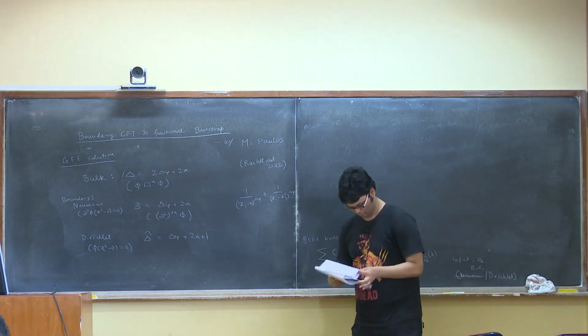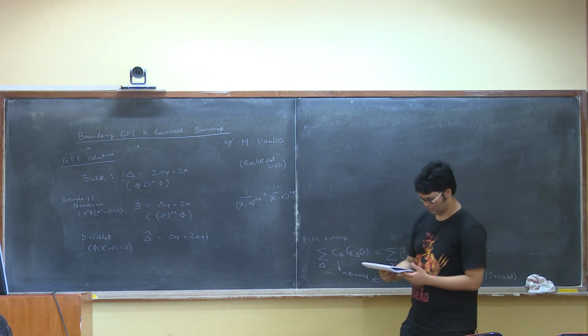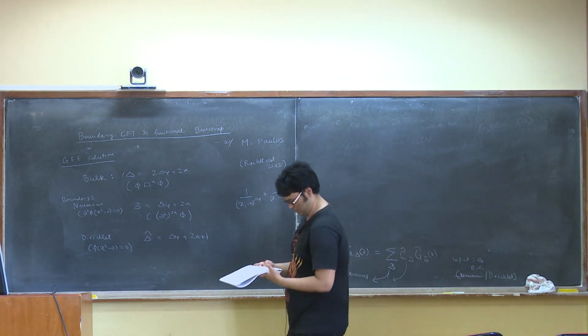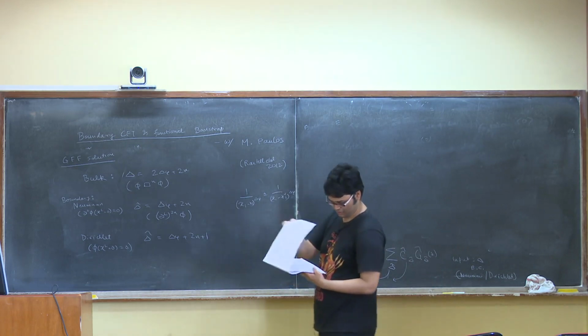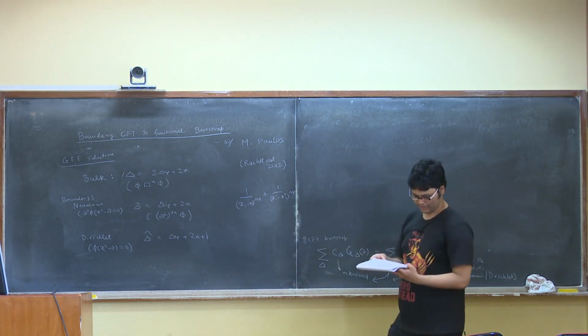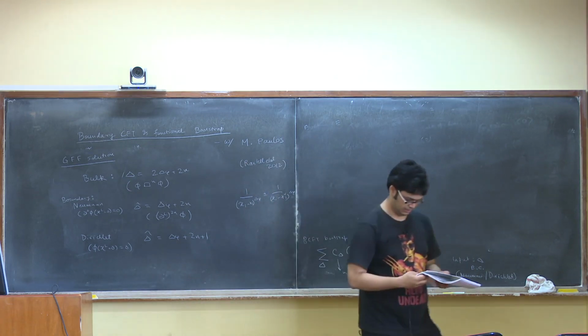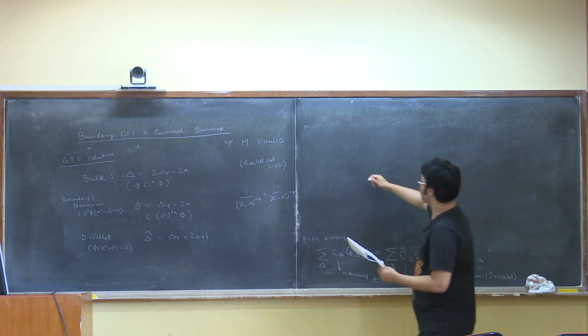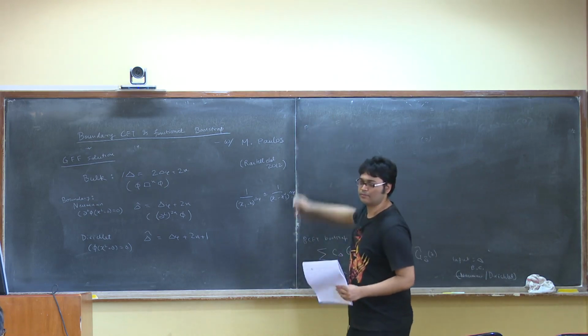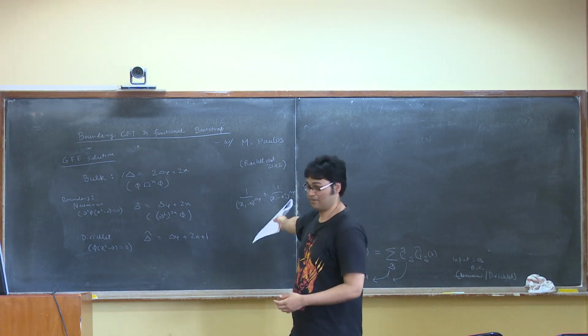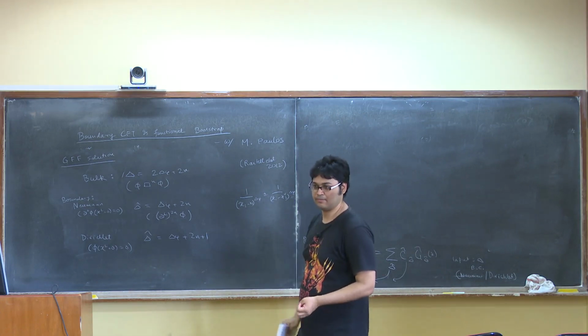Okay, so this was all about boundary bootstrap. Now I'll say in short how to set up the Polyakov bootstrap for this system. I have a question. If instead of the generalized free field in the bulk you just have free fields in the bulk, there also you can talk about this.